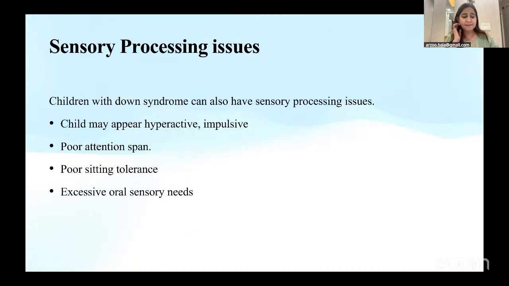So these are the impacts of low muscle tone. Now, one thing I really wanted to mention is sensory processing issues. Even when I was meeting many parents in the camp, parents feel my child is very hyperactive, not sitting in place, running around. How do I teach him or her? The child is impulsive, not focusing.